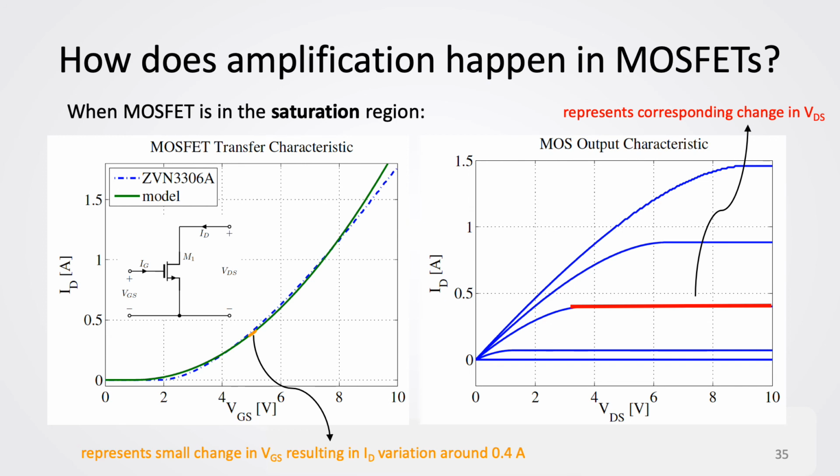Yung pag-change ng current around 0.4 amperes by a small amount for that VGS value would actually mean or represent a corresponding change in VDS that is large. No, pag tingnan natin yung x-axis, VDS here changes from around 3 to 10 volts. So a small change in VGS, which is our input voltage, would result in a large change in VDS, which is our output voltage. So that's how we have voltage amplification when we're operating in saturation.